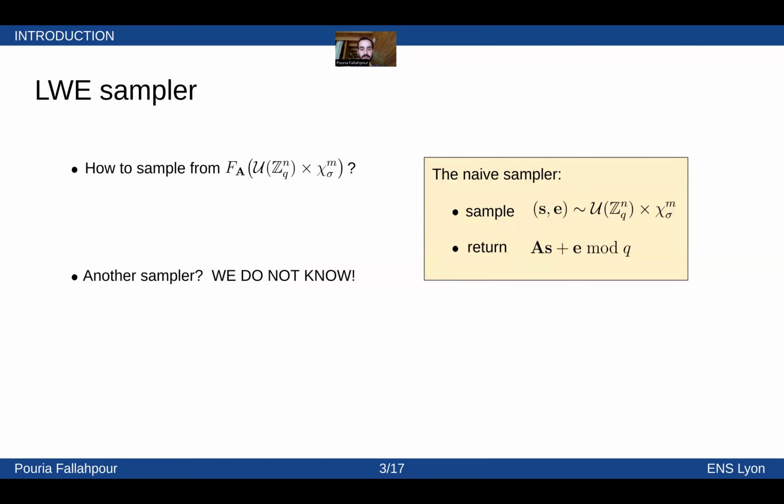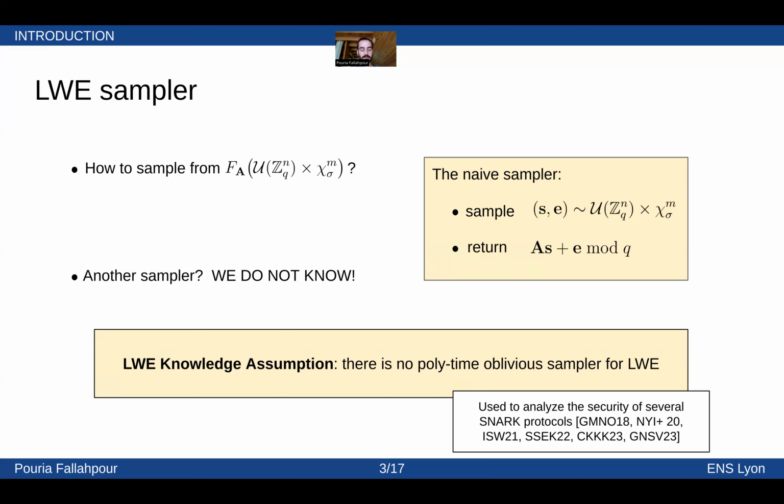And the answer is we don't know. And this problem seems so difficult that some people try to build cryptography using this no answer. So basically, the assumption that is used in this setting is the LWE knowledge assumption, and it says that there's no polynomial time oblivious sampler for LWE, and it's used to analyze the security of several cryptographic protocols.